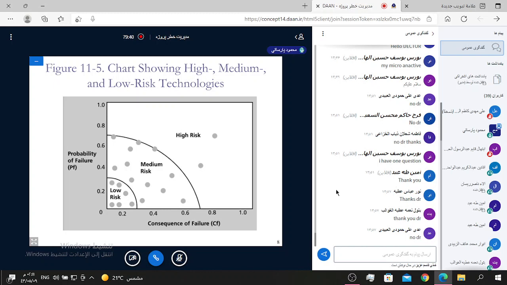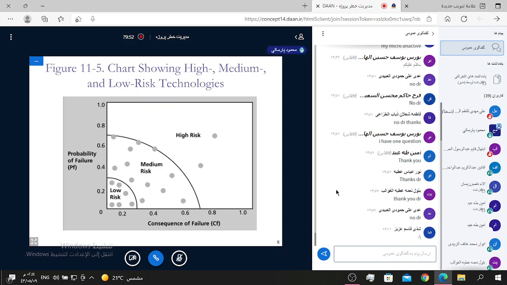And according to the position of the point of any risk, we can determine the probability and effect of the risk. The region of the risk will be determined, for example, low risk region or medium risk or high risk.